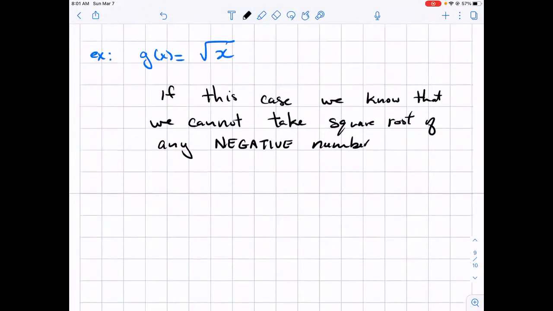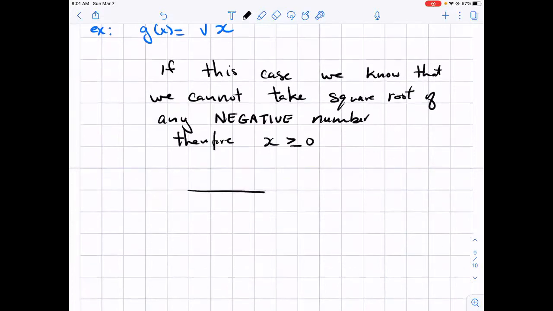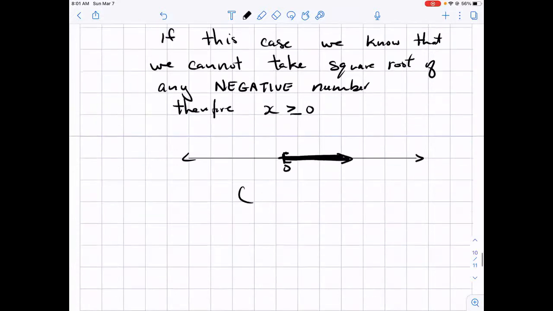So x, therefore, has to be greater than or equal to 0. If you look at the number line here, 0 going all the way out will work. So it includes 0, because the square root of 0 is 0. So from 0 to infinity, that will be the domain. And this is interval notation.